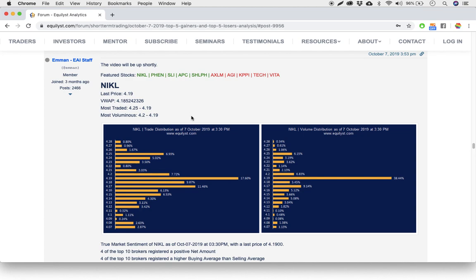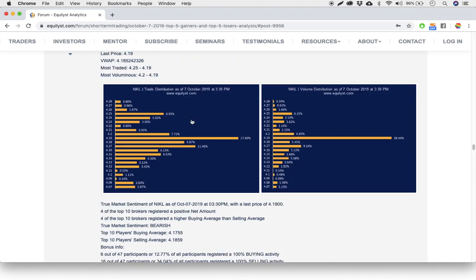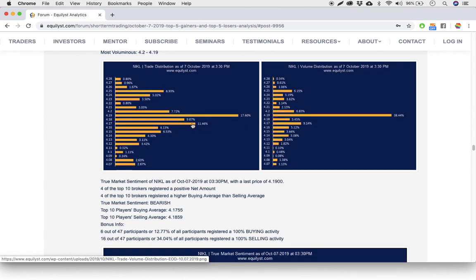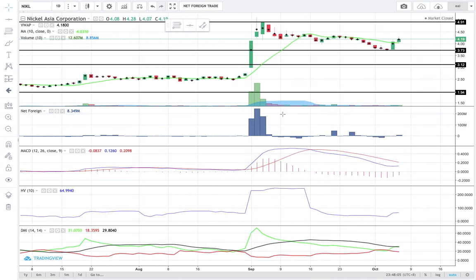Yes, it is. It's a bullish momentum power indicator despite the bearish 10 SMACD combo. On the other hand, the true market sentiment is bearish, so there was no convincing reason for the majority of the top 10 brokers to register a bullish true market sentiment today.